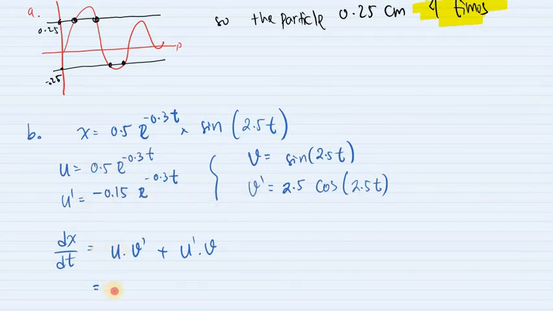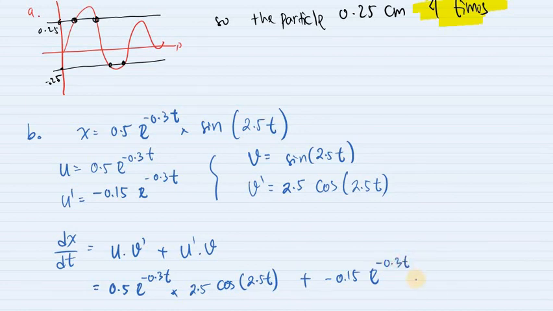So u is 0.5 e to the power of negative 0.3 t times v accent 2.5 cos 2.5 t, plus u accent, negative 0.15 e to the power of negative 0.3 t times v, which is sin 2.5 t, and then we can just multiply that.